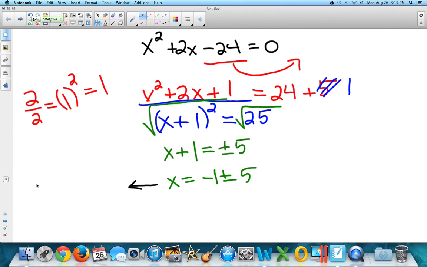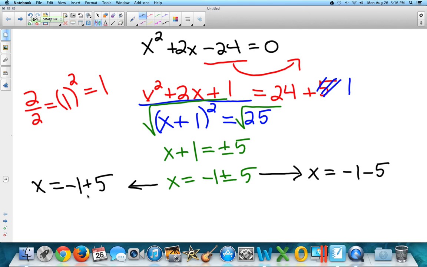Over here I'm going to get x equals negative 1 plus 5. And over here I'm going to get x equals negative 1 minus 5.